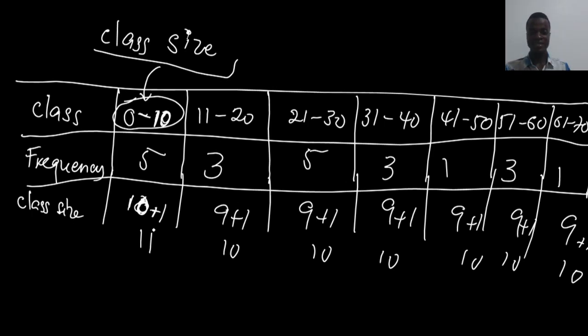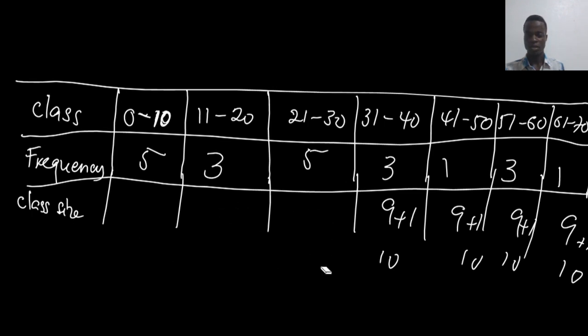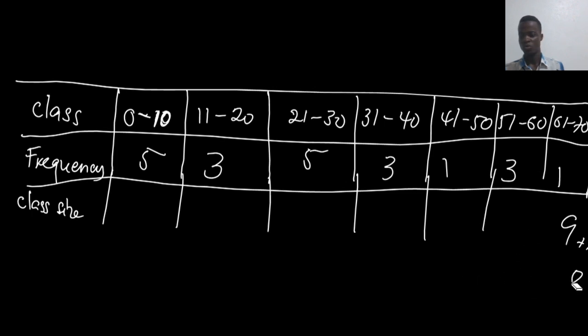So this is how to get the class size. Now the other thing is the class midpoint. That's another term that we will need to understand. Let me clean this for you. A class midpoint is actually something short.